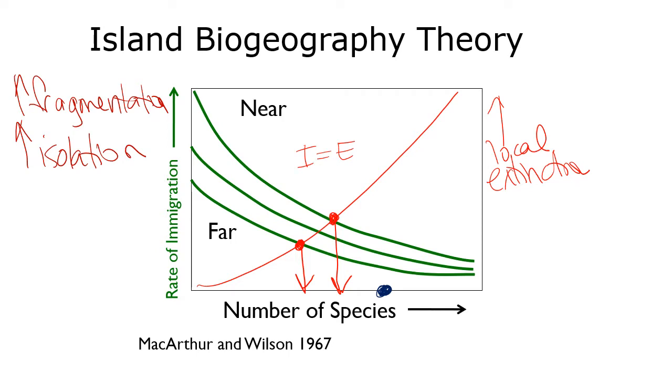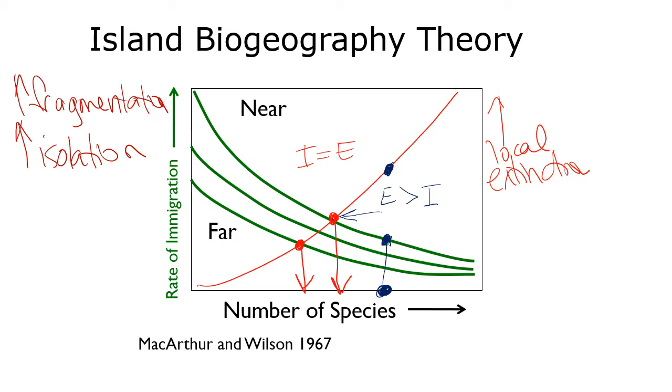Now, if we're at this high number of species, if we look at the immigration rate, it's much lower than the extinction rate. So you're having a lot more species going locally extinct every year than you have new immigrants coming in at this point. And if that happens, then your number of species is going to drop until immigration equals extinction. So if I'm to the right of that point, I know extinction is greater than immigration and the number of species will decline.